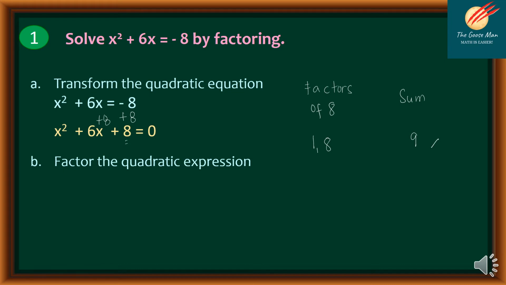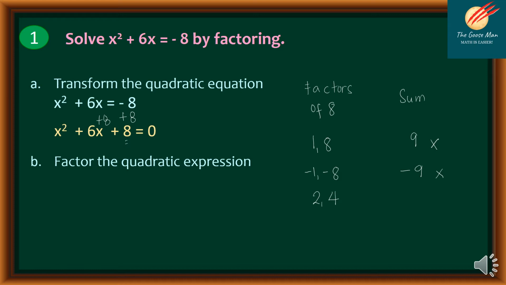Next, if I consider negative 1 and negative 8, negative 1 plus negative 8 will result to negative 9. Again, these are not the factors we are looking for. Next, what are the other factors of 8? So I had 2 and 4.